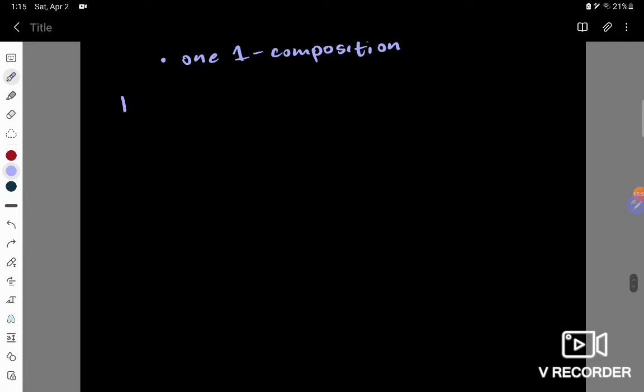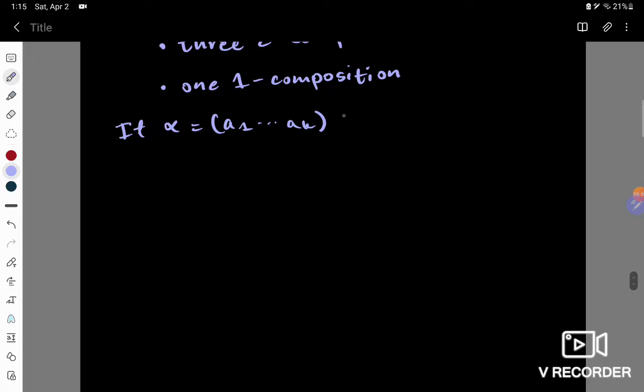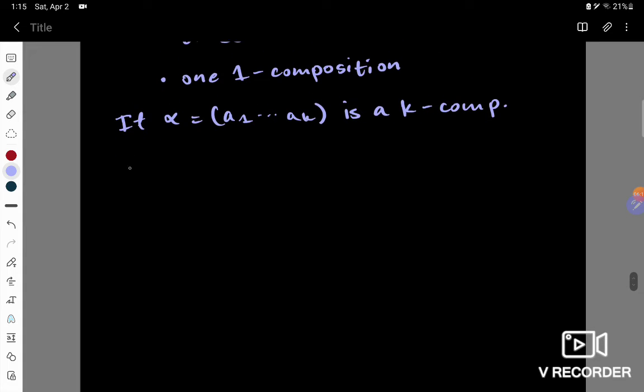Let a1 through ak be a k-composition of n. I'll just write k-comp going forwards because it's fewer letters.